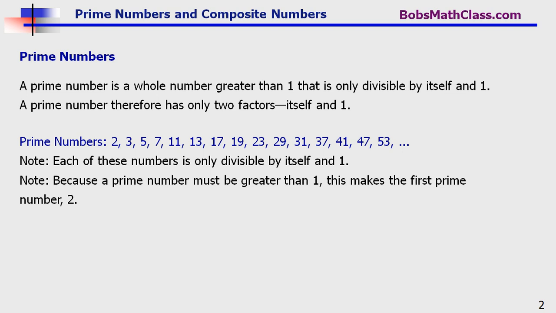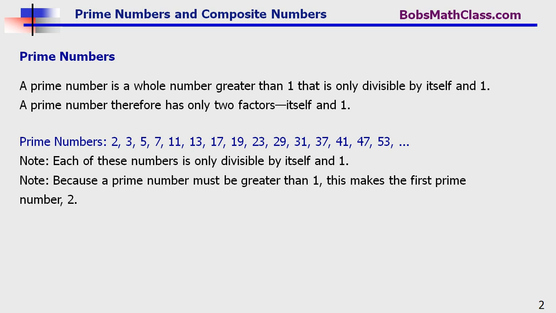The number 10 is not on that list because what multiplies to equal 10? 2 times 5. So it is not a prime number. So each of these numbers is only divisible by itself and 1. And by the definition, a prime number must be greater than 1.